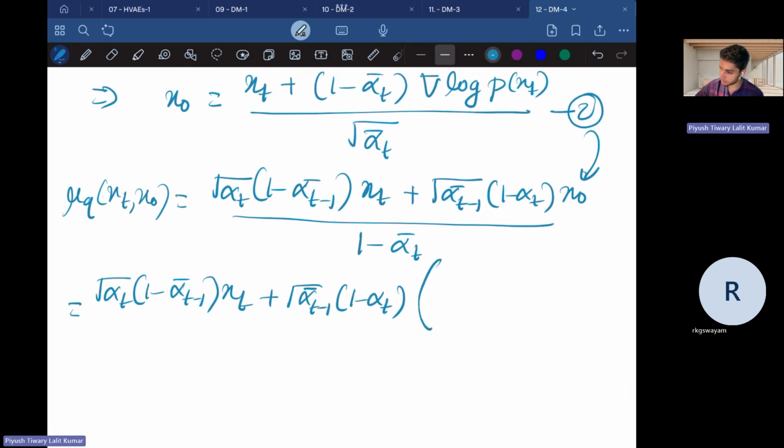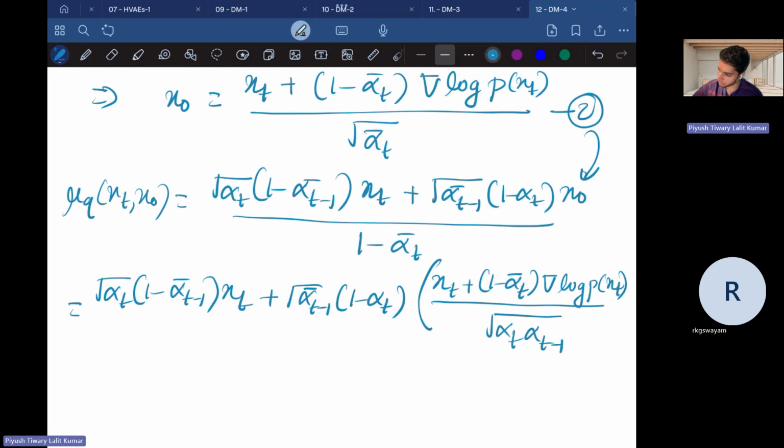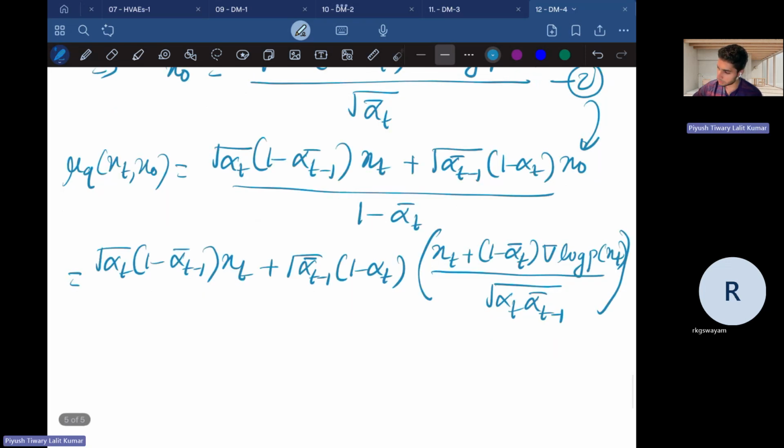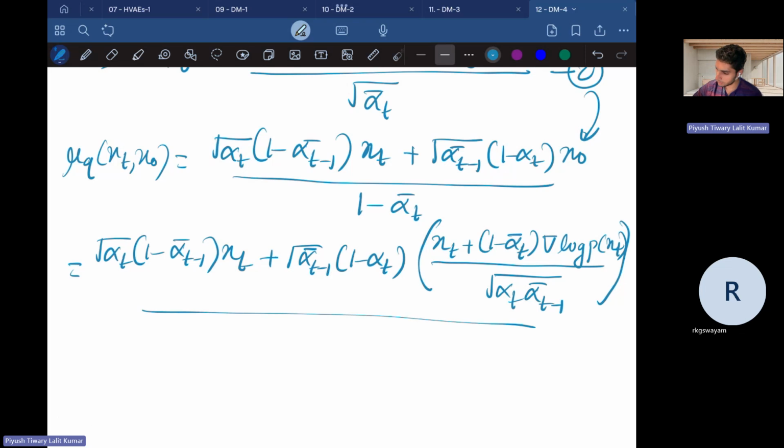Value of x naught is xt plus 1 minus alpha t bar grad log p of xt, whole thing divided by square root of alpha t bar, which is alpha t into alpha t minus 1 bar. Okay, this whole thing divided by 1 minus alpha t bar, right?